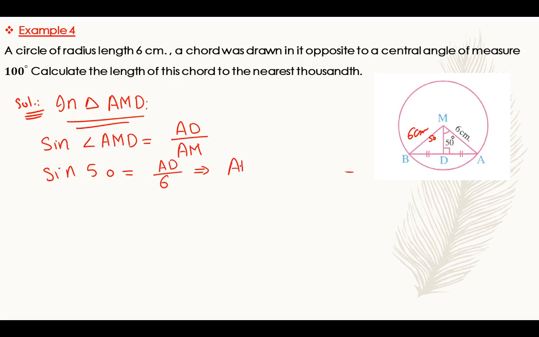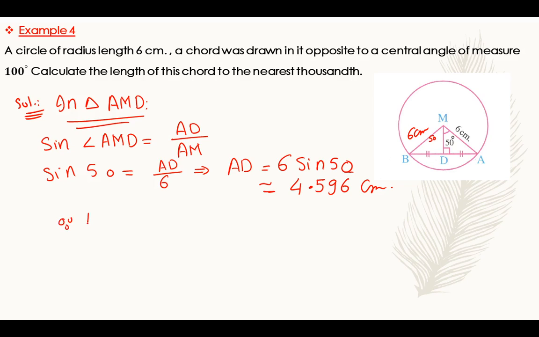So AD will be approximately equal to 6 multiplied by sine 50. By using your calculator, you will find that the length of AD is approximately 4.596 centimeter. But here we want to find the length of the chord AB.